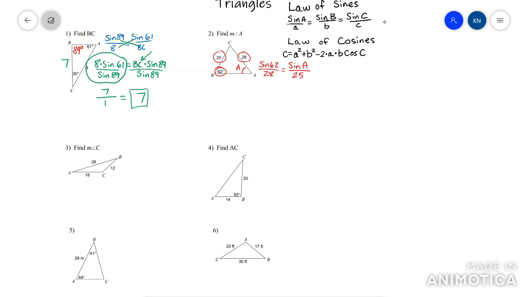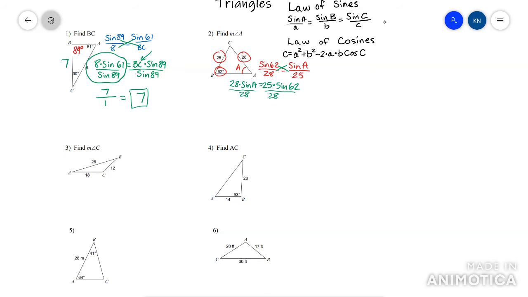Now again, you're going to cross multiply. So it's going to be 28 times sine A equals 25 times sine 62. You're going to have to divide by 28 here.